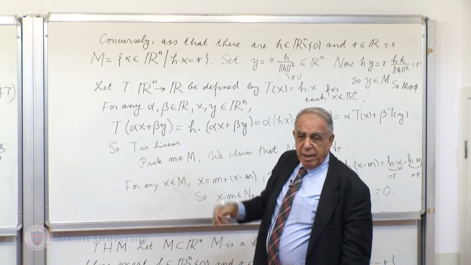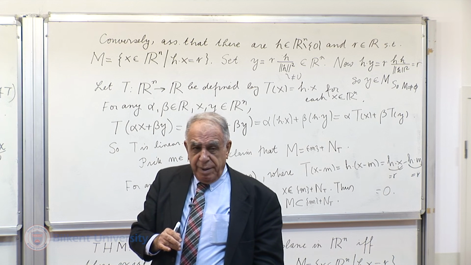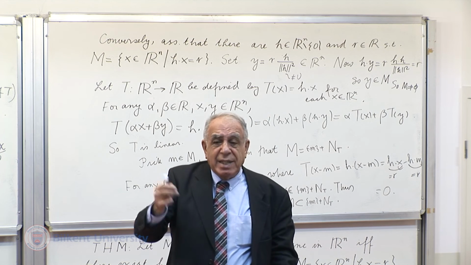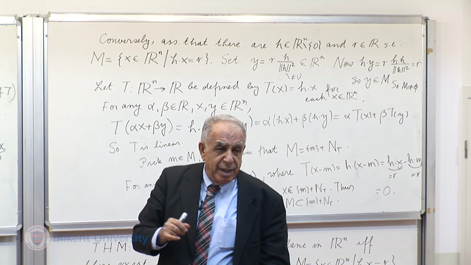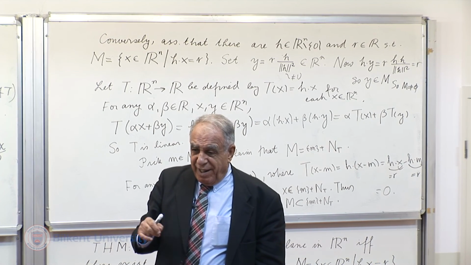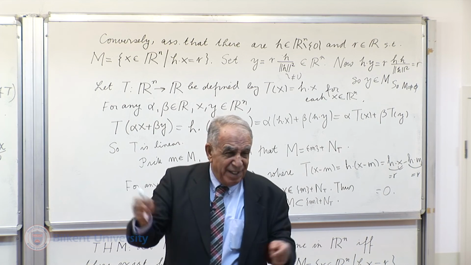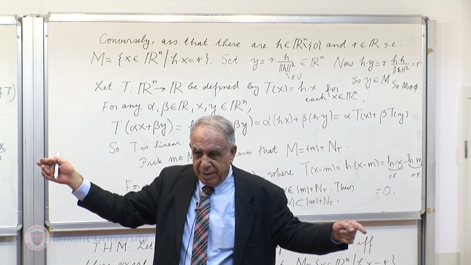It's R itself and singleton 0. Because if it contains some non-zero member, a subspace, well then by just multiplying that by a scalar, which has to be in that subspace, you can get the entire R.